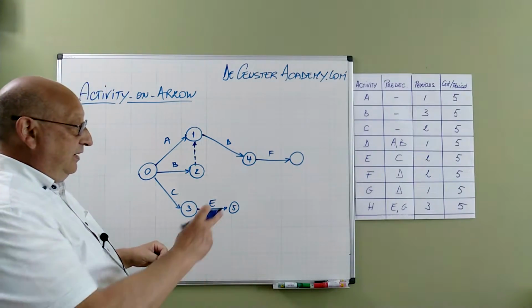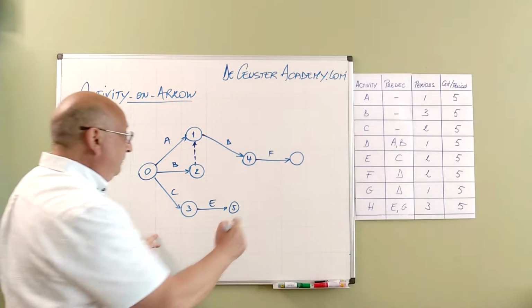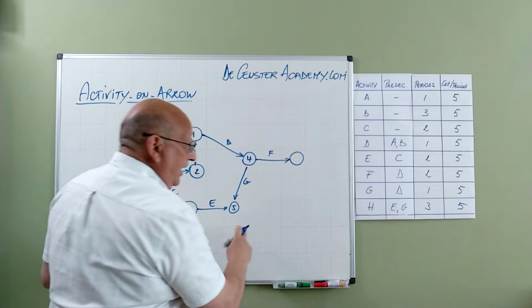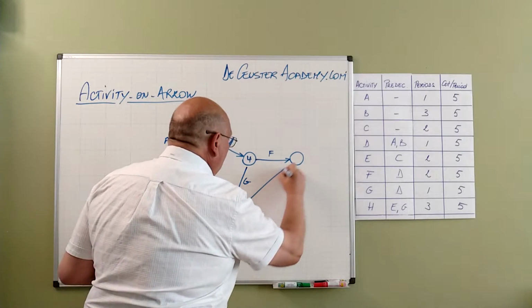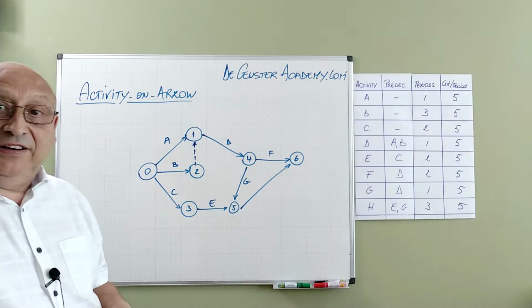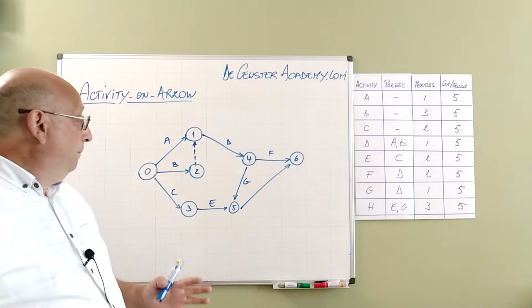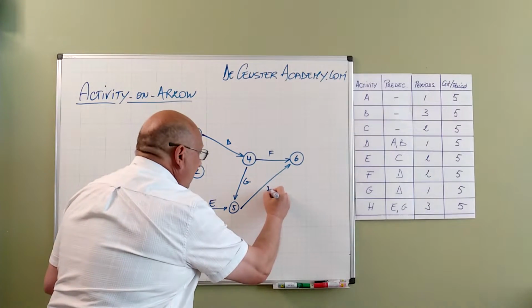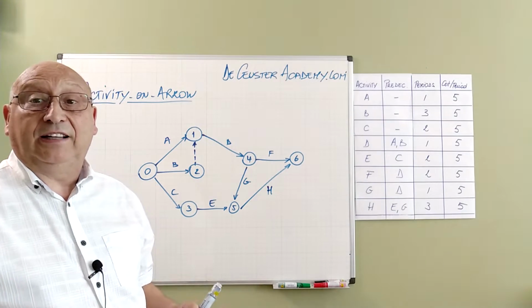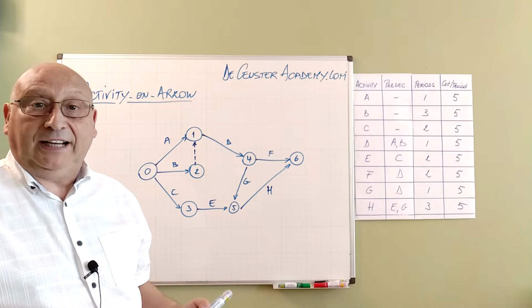Now we have H after E and G. So I have G here. And then I have H, which is the last activity that I have. And here I have the complete arrow diagramming method or the arrow diagram for this project.